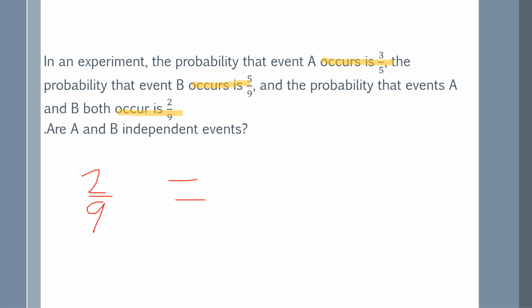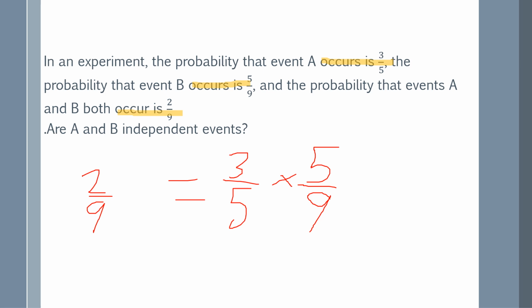So 3/5 times 5/9. Are these independent events? When you multiply them, let's see.